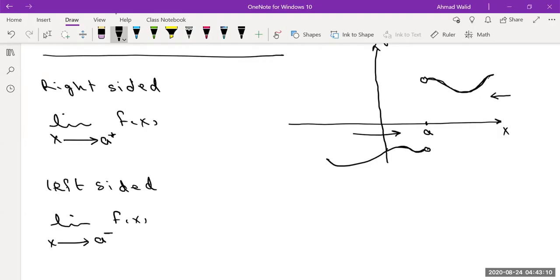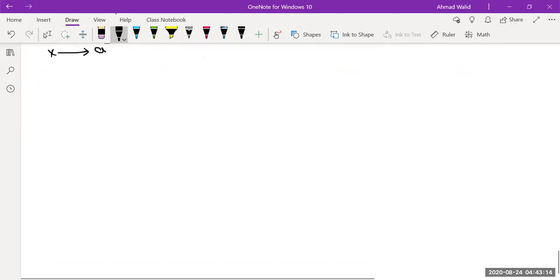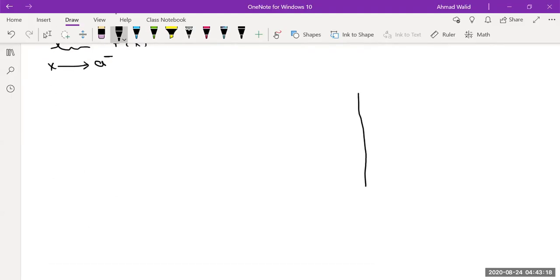Now, let me graph a problem and let's discuss this problem. For example, let's say here 2.